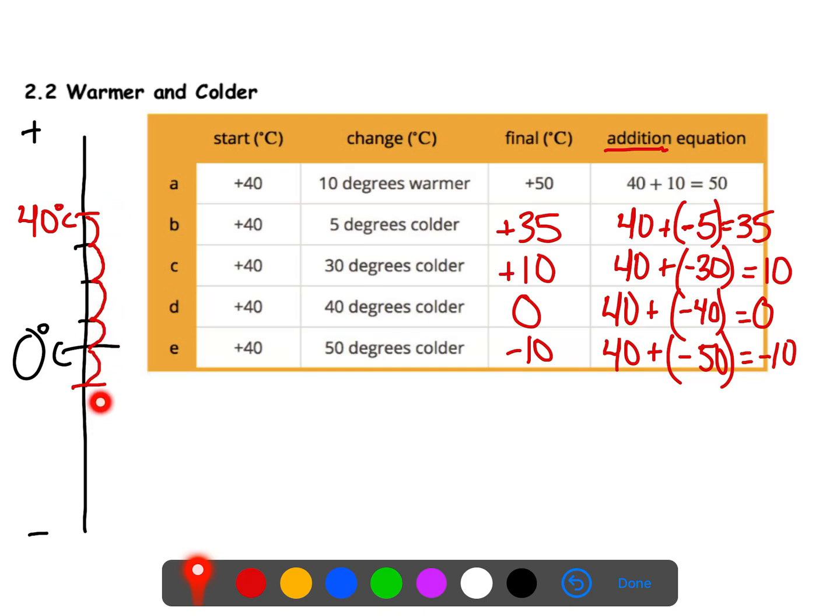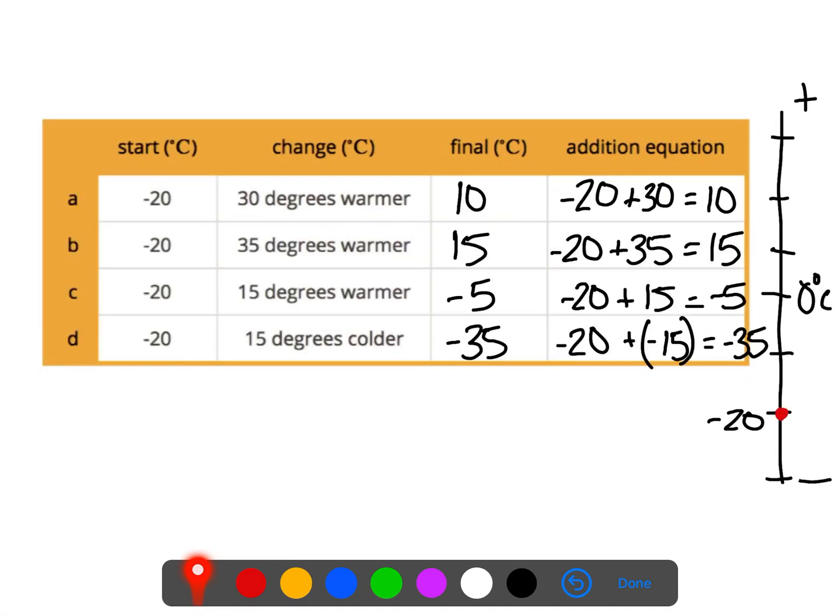Sometimes we dropped below 0, and that was this last case here. And the rest we stayed above 0 because we didn't drop enough to get below 0. So notice that here, our negative number is greater than our positive number, and that brought us below 0, where in the other ones, they were either the same or slightly less. So that would be a pattern that we can notice and start talking more about.